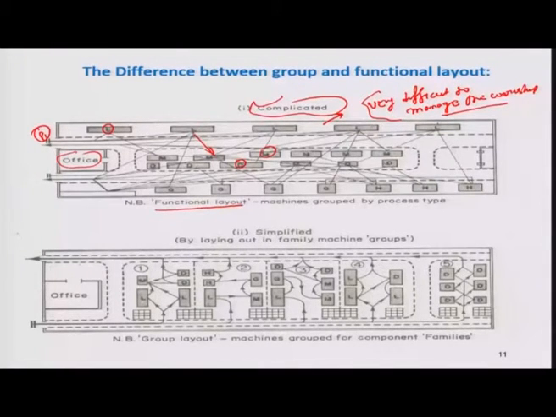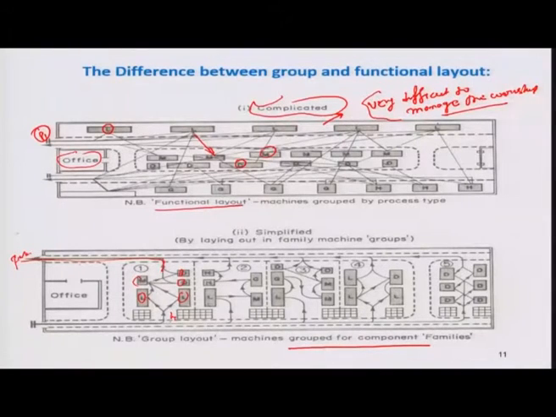As compared to your functional layout, in a group layout you can see that everything is very well designed. One part will enter through one group, go through the lathe machine, then milling, drilling, and after that it will come out as a finished product. So it is very simplified.